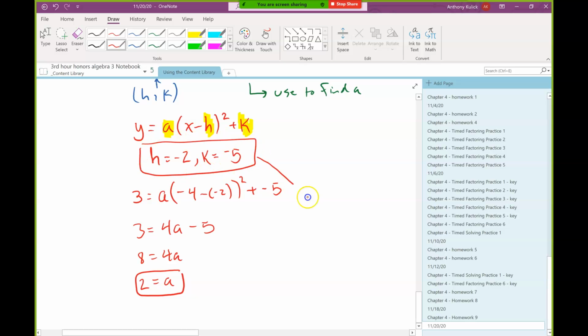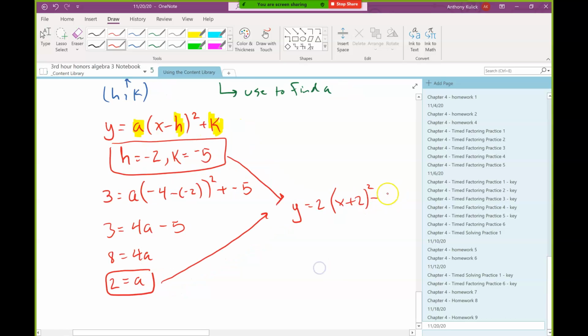Now I have my h and k, so I can combine those together into my vertex form equation, and there's my final answer.